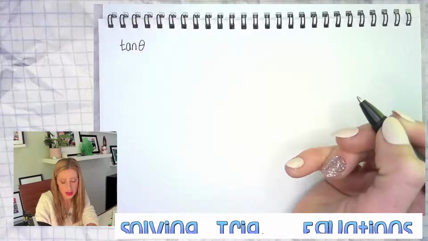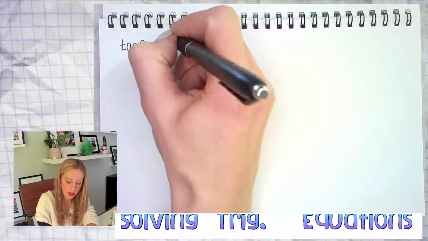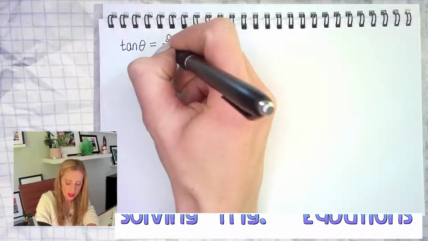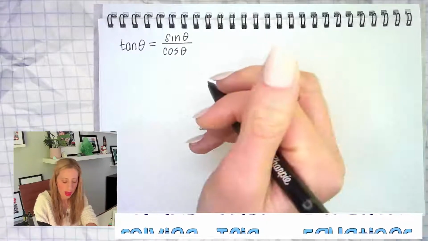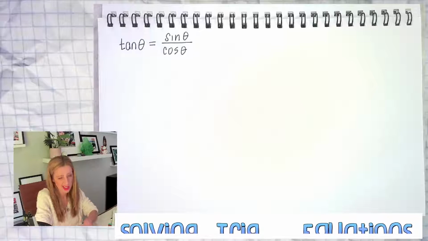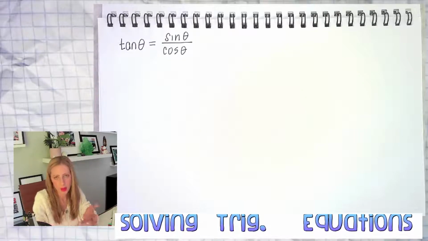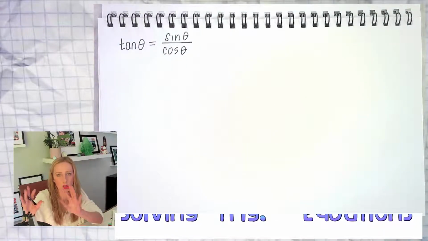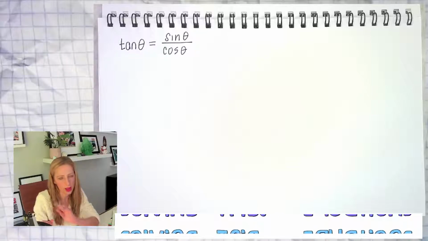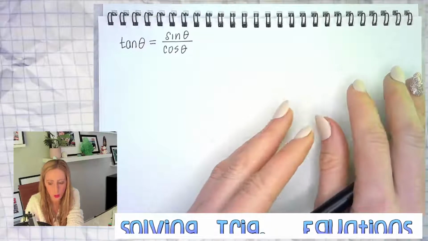So tan of theta by the quotient identity equals sine theta over cosine theta. So again, if you know sine and cosine pretty well, then that means that you can figure out sine, you can figure out cosine, divide them, right? And bam, you have tangent. So this is more of the long, show all your work kind of way, which I wouldn't recommend. And then I'm going to show you the cheap trick way on the side.